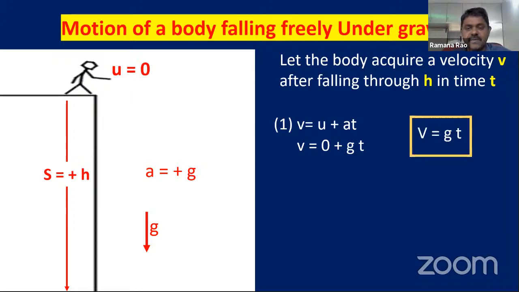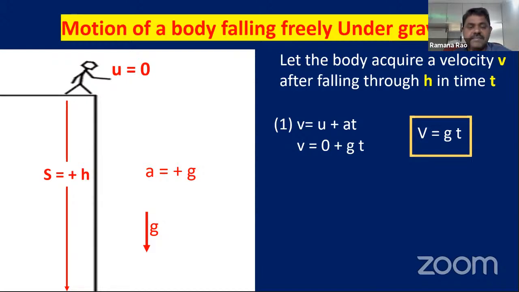So this is the equation for a freely falling body: v is equal to gt. That means after t seconds, velocity is equal to g into t. What can you conclude? With time, velocity increases. Very important point. Every 1 second, velocity increases by 9.8.